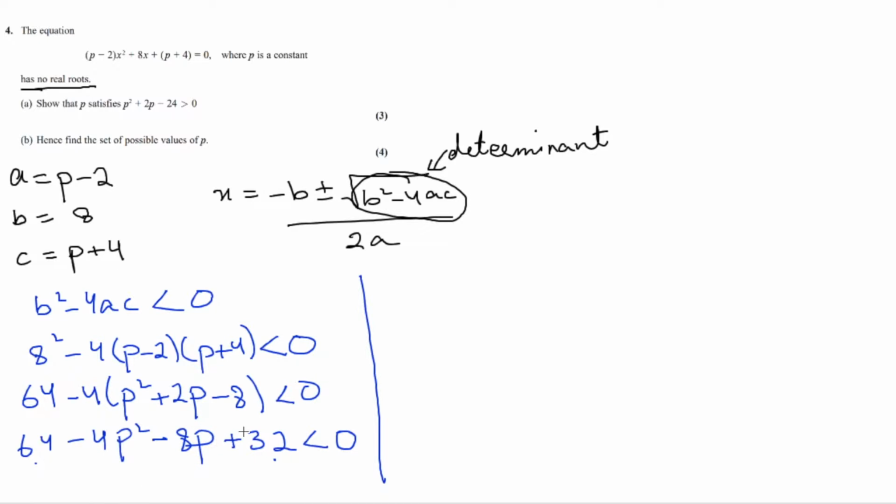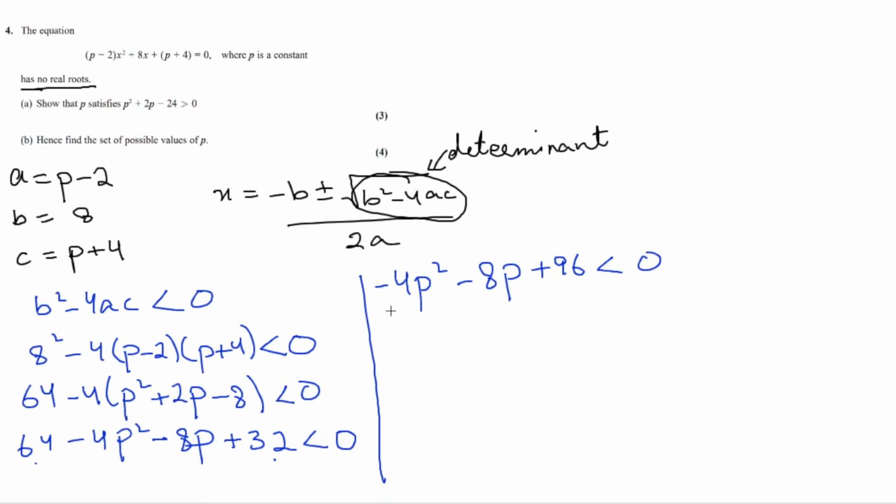So I'm going to divide this by negative 1, which changes the sign of the inequality. I'm going to show you what I mean. First I'll write it down as negative 4p squared minus 8p plus 96 is less than 0.